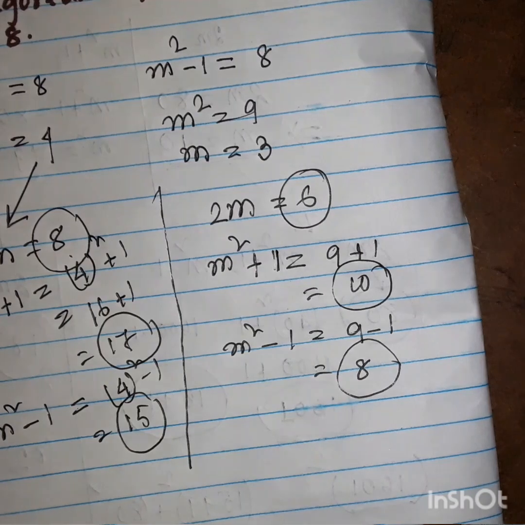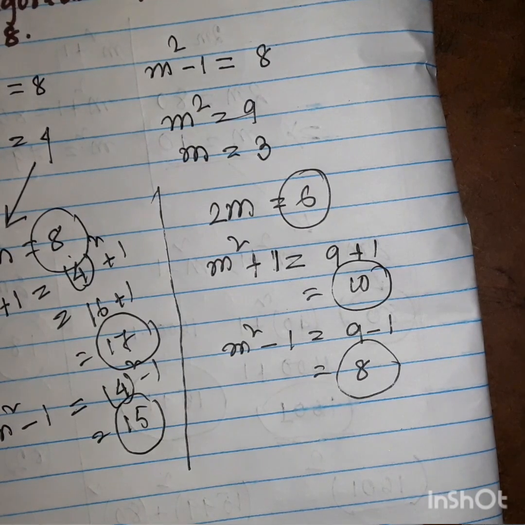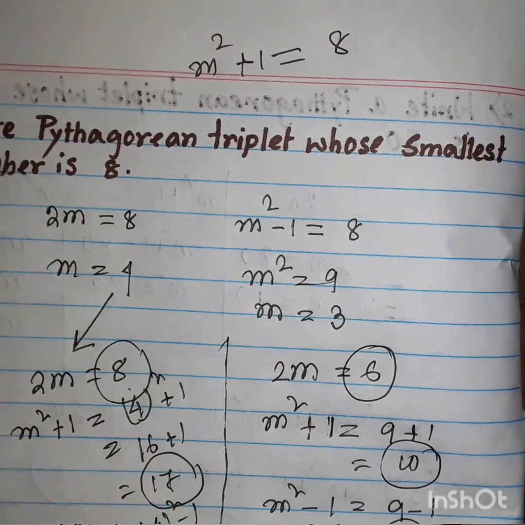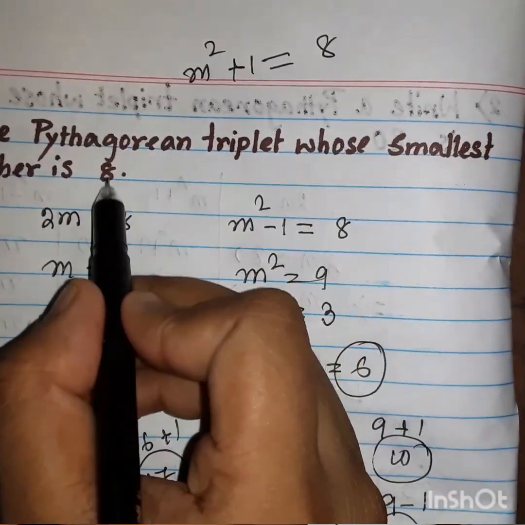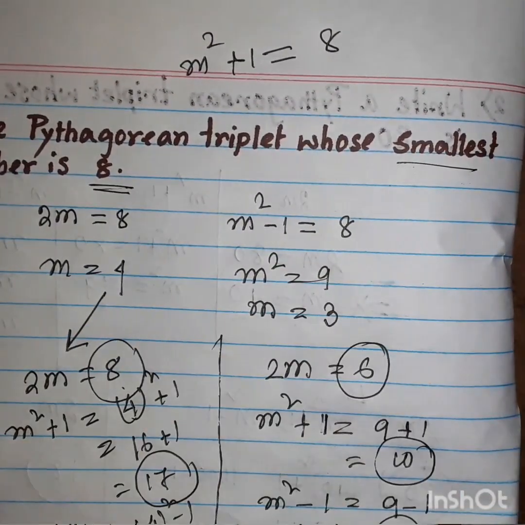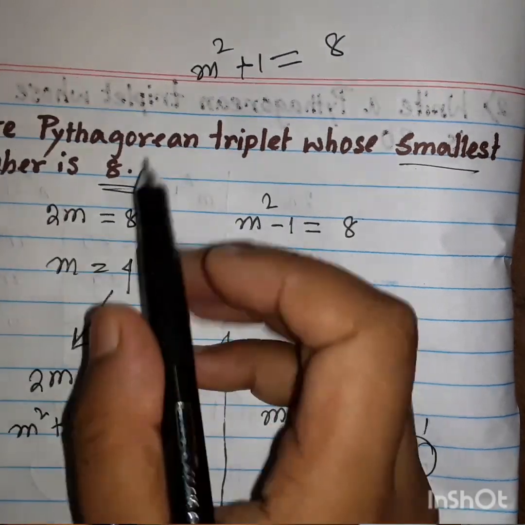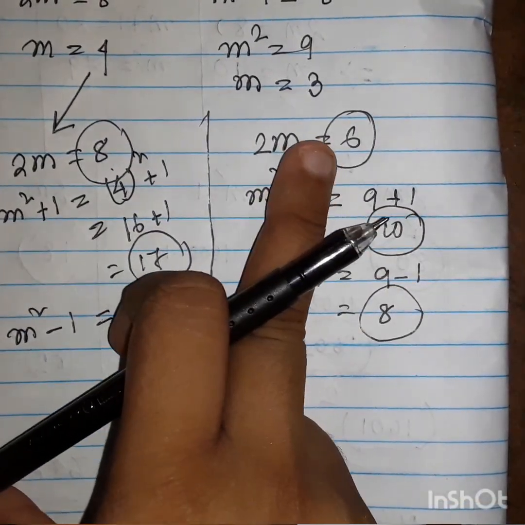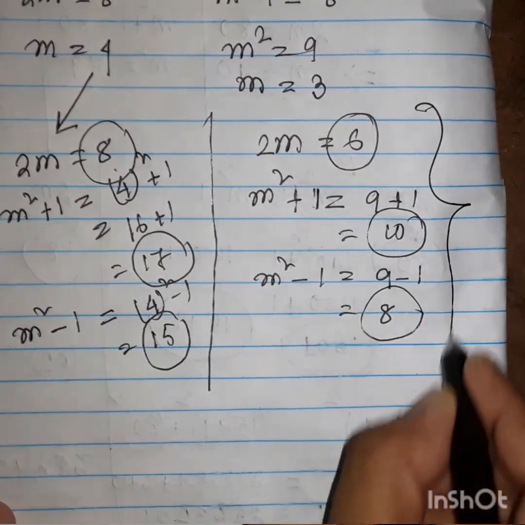Both these two sets of three numbers satisfy the Pythagorean theorem. That's why they are both called Pythagorean triplets. But in this problem, we had a limitation that the smallest number of this set of Pythagorean triplets should be 8. But in this set, the smallest number is 6. That's why I can't write this as the answer.